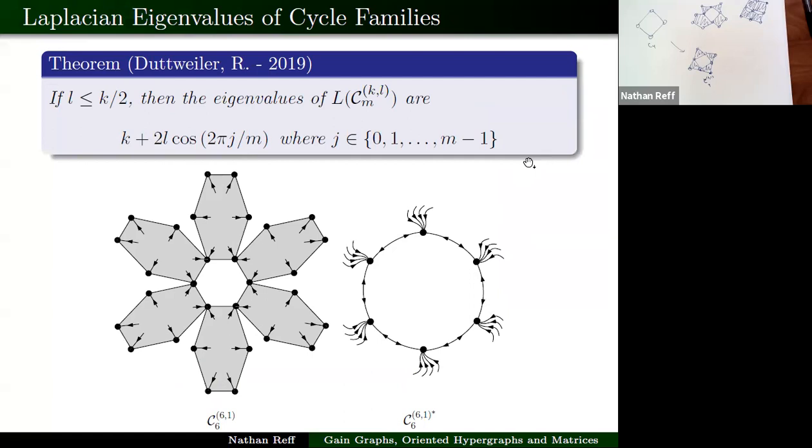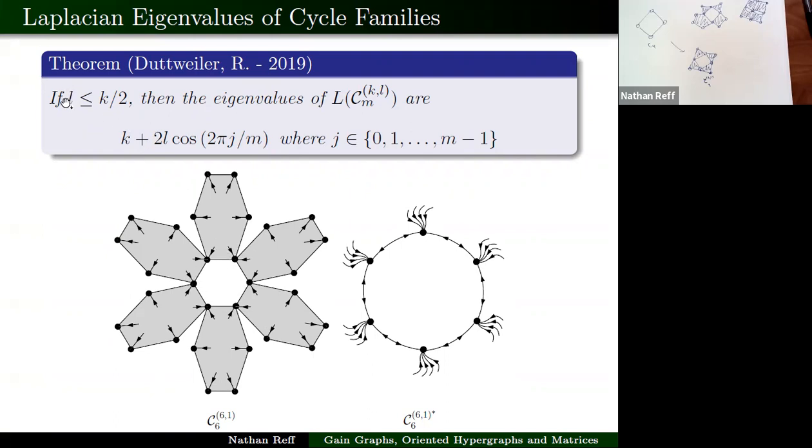Okay, so here's actually some results. So if the number of vertices that consecutive edges share, so for example, this picture here, I have 6 edges. They're all size 6 and they share 1 vertex. See that?